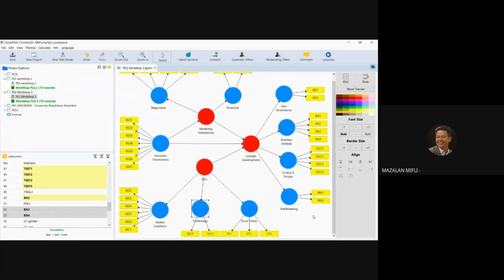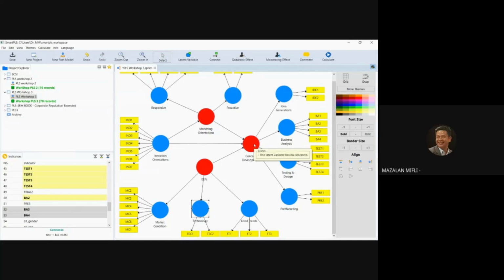these consist of a second order construct. Okay, this is the first one, and there's the second one. So all those indicators, okay, you need to put them in here in the latent variables because there is no indicator. So this is no indicators in Smart PLS.